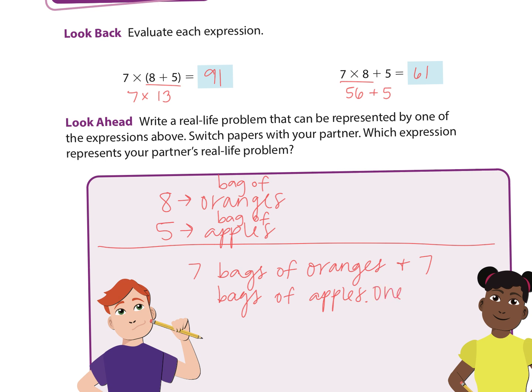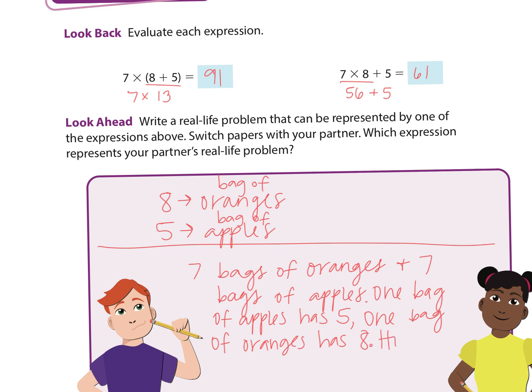And then you could tell me a little bit further, 1 bag of apples has 5 apples, or just has 5. 1 bag of oranges has 8. How much fruit do I have in all?